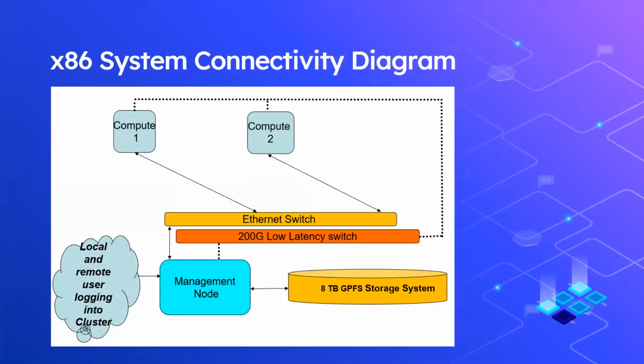And this is the x86 system connectivity diagram. Here, a slight modification is that we have 8 TB of general parallel file system storage, which is mounted across the network.